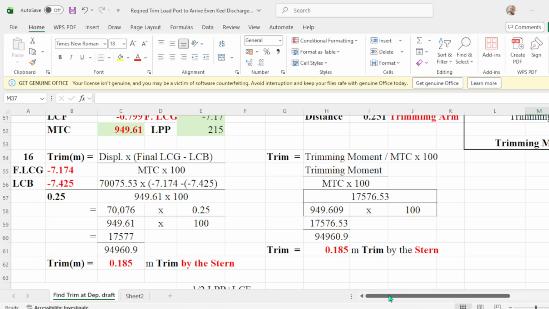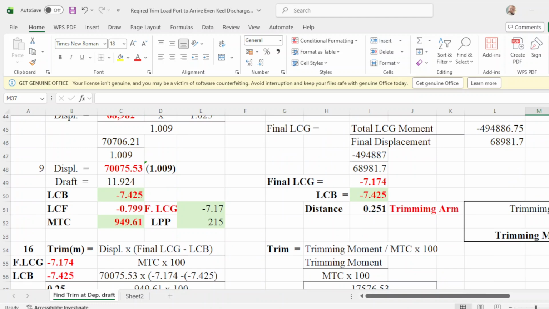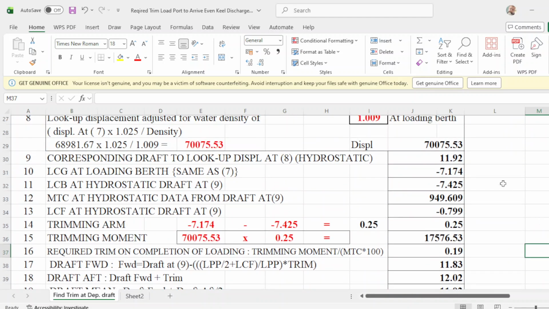And the other one, to get the trim, is displacement times final LCG minus LCB over MTC times 100. Okay? So here, you have the displacement, trimming moment times your MTC. This MTC is 100. Instead of displacement, you have your trimming moment here. So what is your displacement is 7075.3, which is this one.